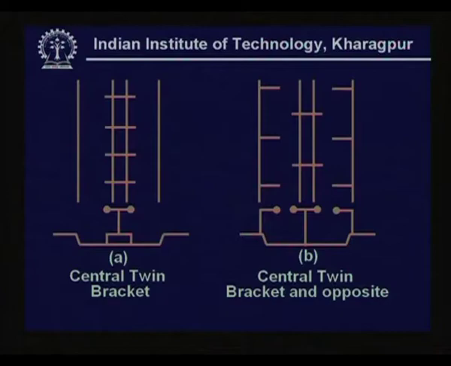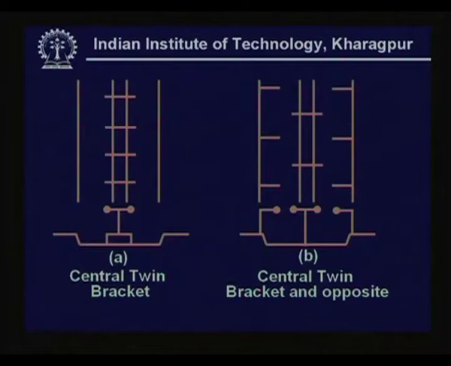So, we saw that there are four arrangements for roads without separators: either providing lamps only on one side, or in zigzag fashion. I said with zigzag fashion, the problem would be that you will have to have cabling on either side of the road. Third was opposite, when the road is very wide, or span wire for narrow roads.